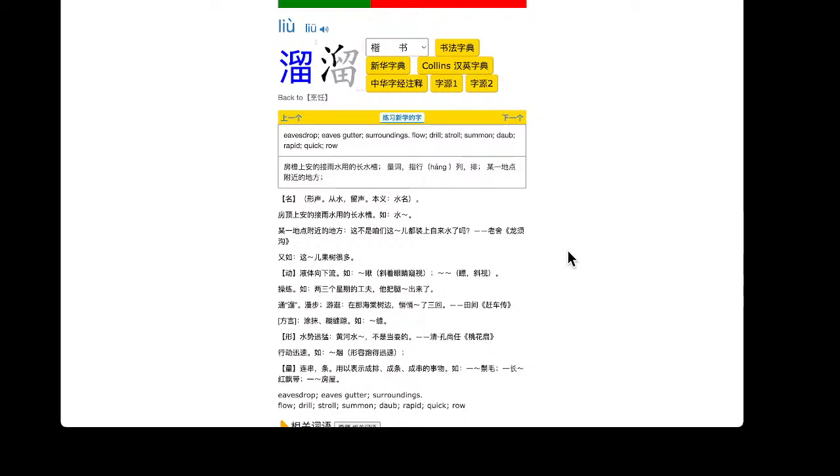For example, 一溜人 means people are lined up. For example, for animals' hair, you can say 一溜毛. You can also refer to houses, like in some communities the houses are built along a line, and you can say 一溜房子. Okay, so this is 溜.